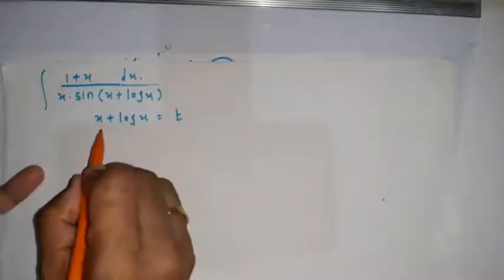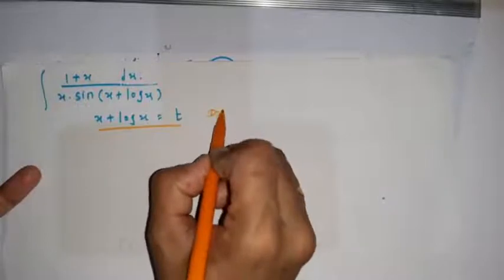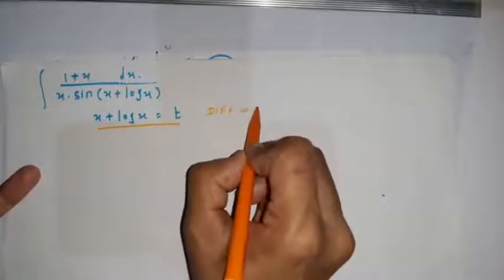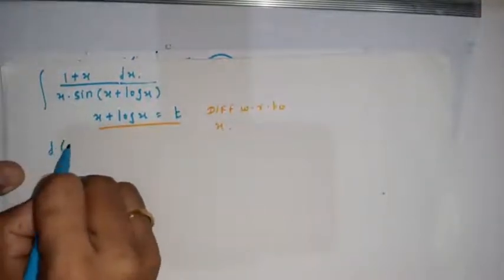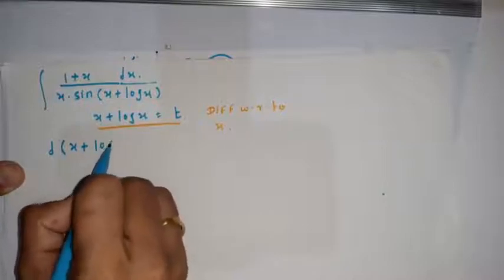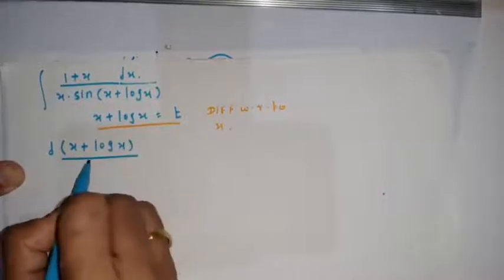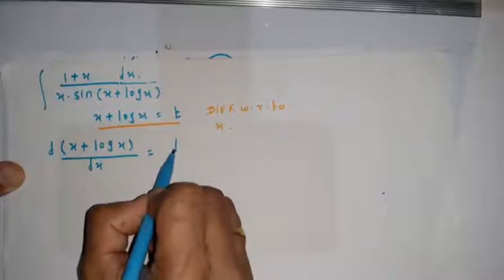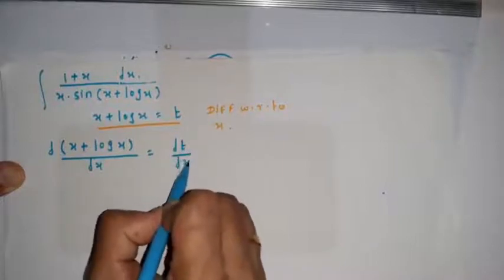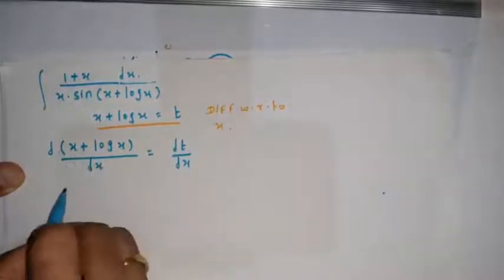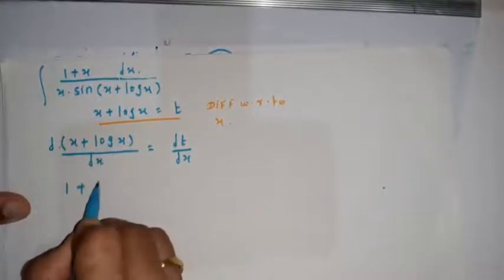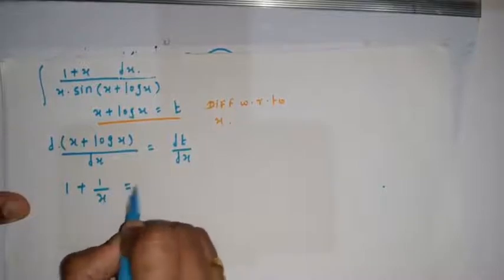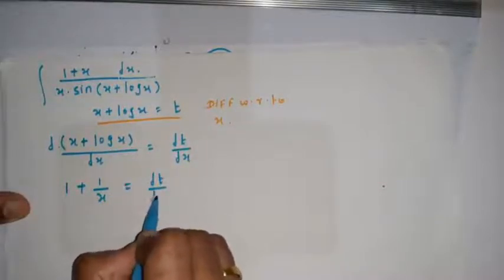Whatever the substitution is, differentiate it with respect to x. Differentiation of x + log x with respect to x equals dt by dx. Differentiation of x is 1, plus differentiation of log x is 1 upon x, and that is dt by dx.